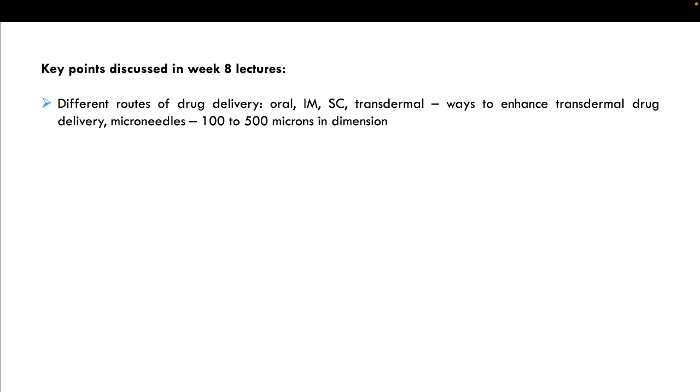Also, we have something known as microneedles. These are needles made out of polymer, which are around 100 to 500 microns in length. So what you do is you formulate the polymers in this microneedle type fashion, and then you can insert it in the skin.